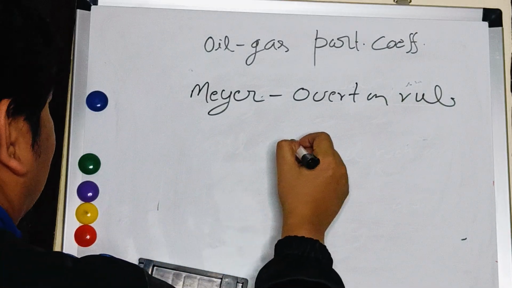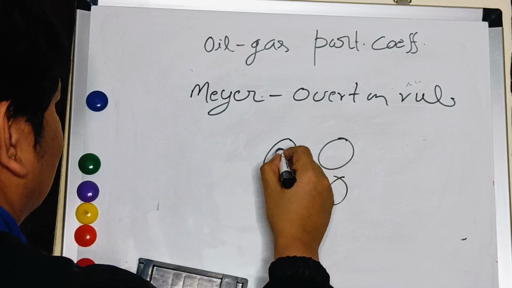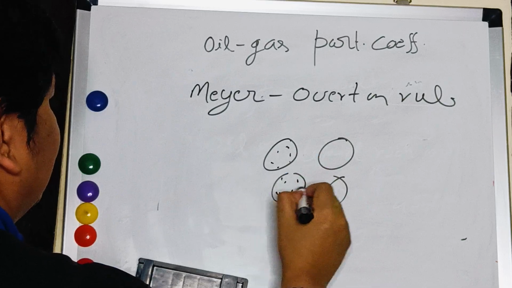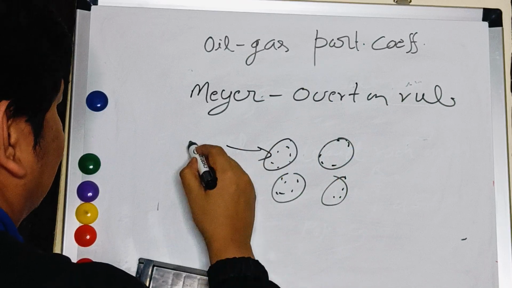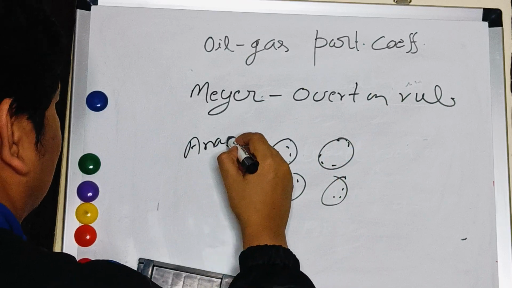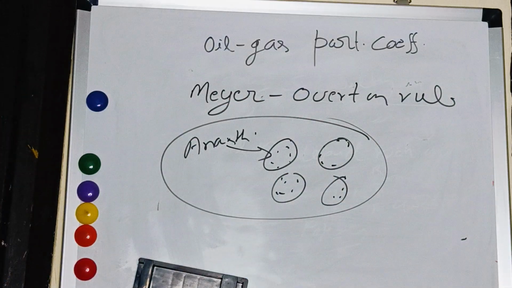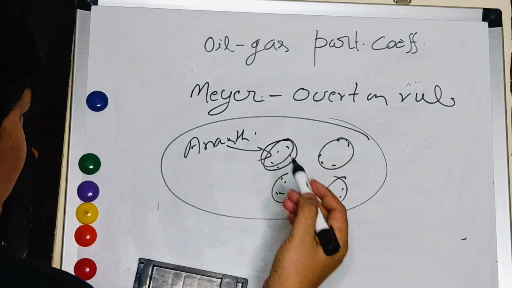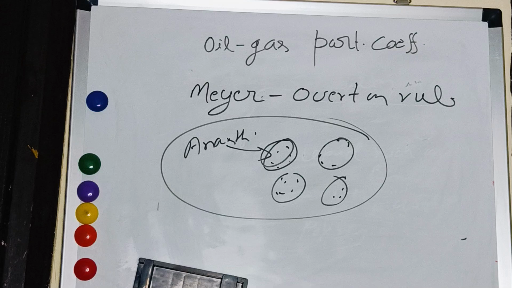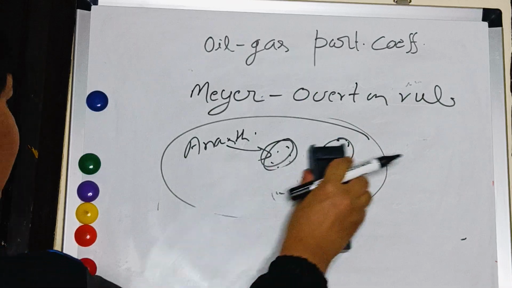So once brain cells receive enough anesthetic molecules, the effect of anesthesia will start. Because they are lipid rich, those drugs with a high oil gas partition coefficient are highly lipid soluble and their effect will be very rapid and they will be highly potent.